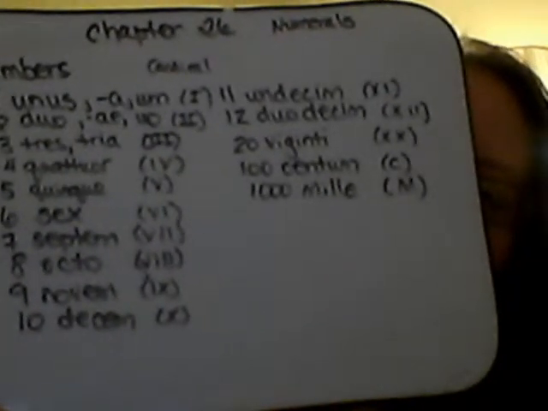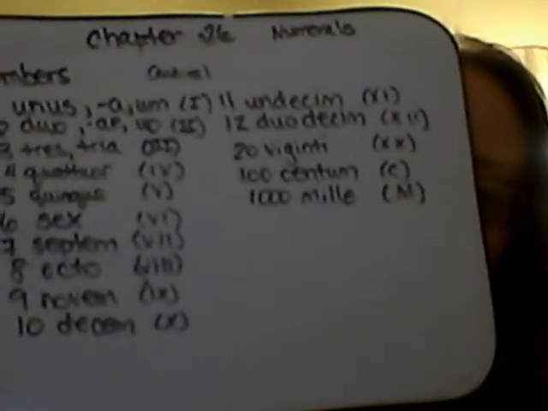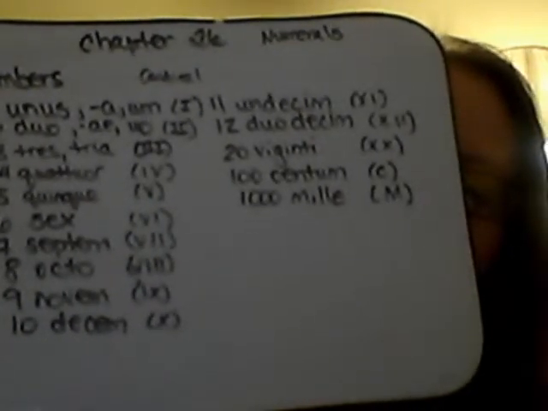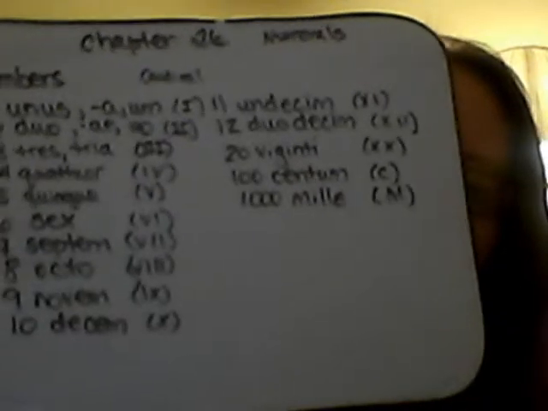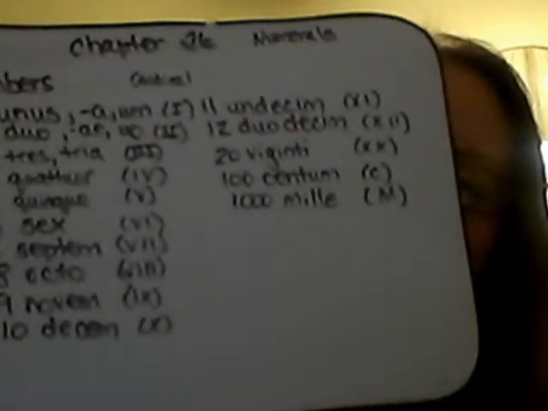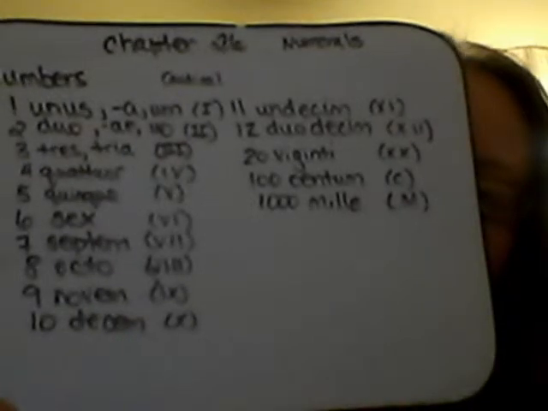Number 11 is undecim. Notice there's a change of spelling, and it's D-E-C-I-M, and decem by itself is D-E-C-E-M. And number 12 is duodecim, again with the I-M at the end. Number 20 is viginti. 100 is centum.